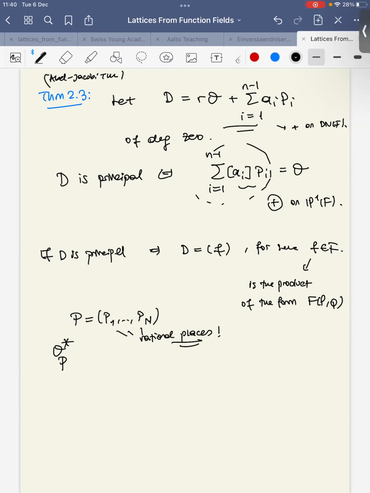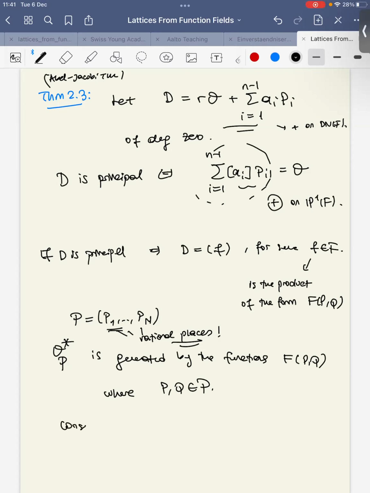And then if this is the case, OP star is generated by the functions f_PQ where PQ is a rational place in P.